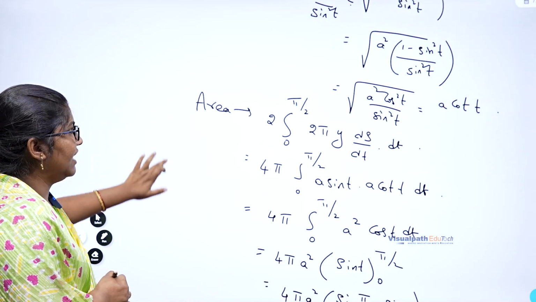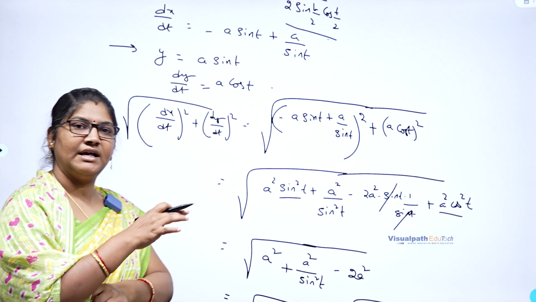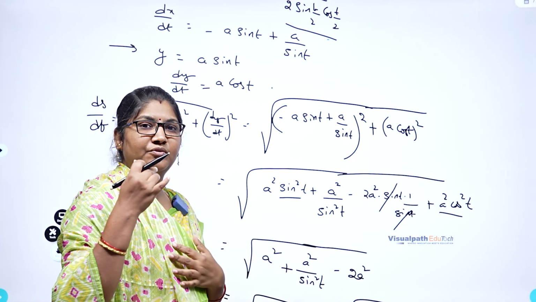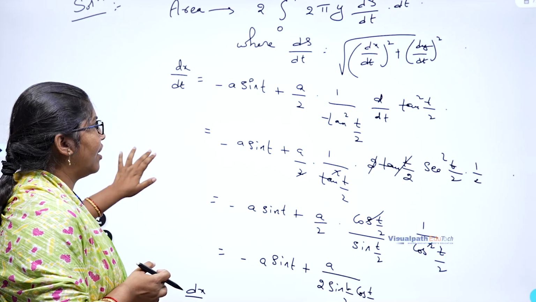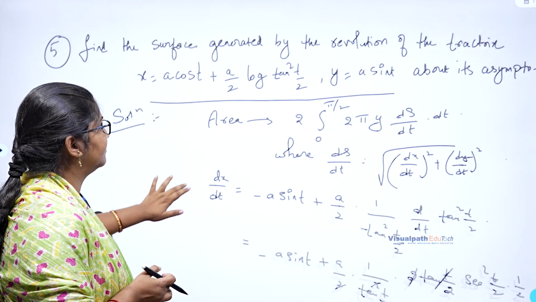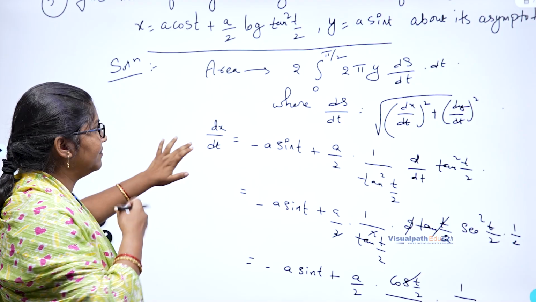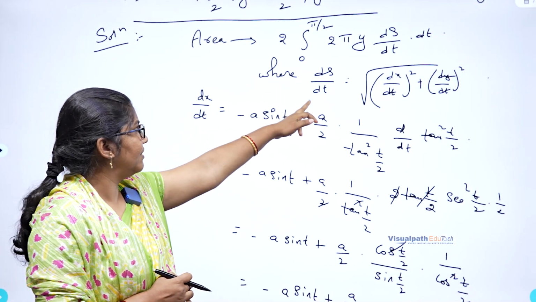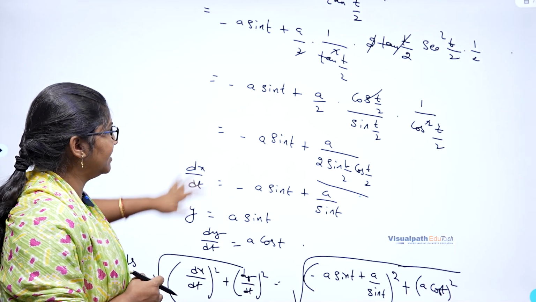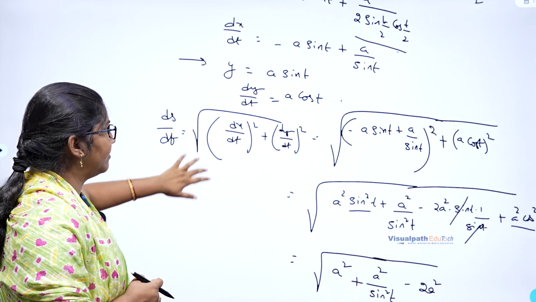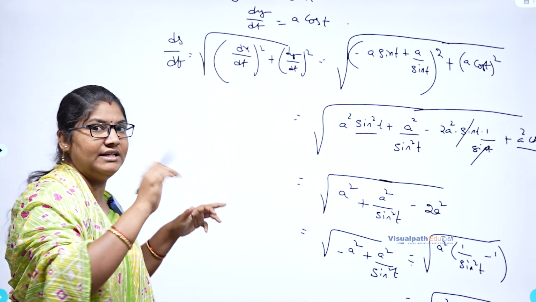Okay. See how lengthy this problem is. Not only this problem, in areas, the problems are lengthy when compared to the other topics. Okay. All models covered. This is the parametric form, this is the formula. According to the formula, we have this. After that, we find dx/dt, dy/dt. Substituting in this, first we are finding ds/dt.